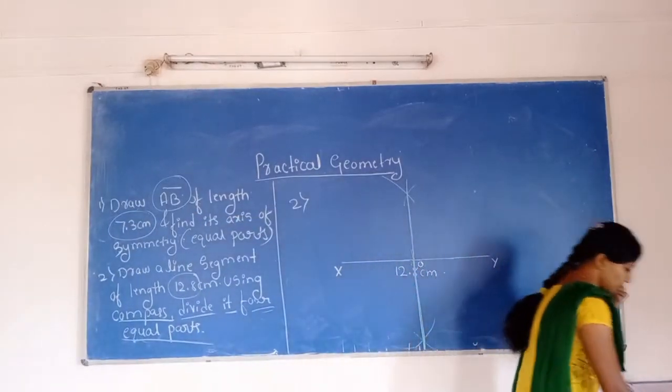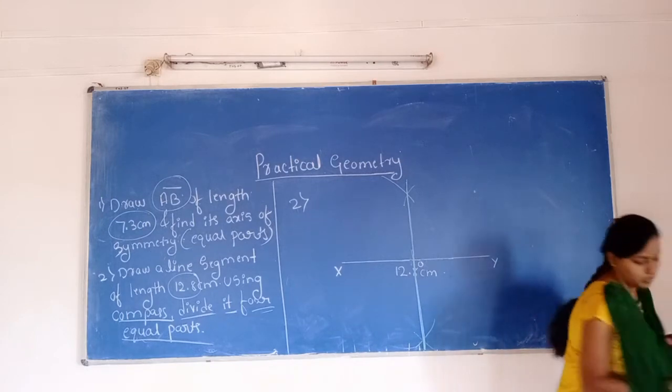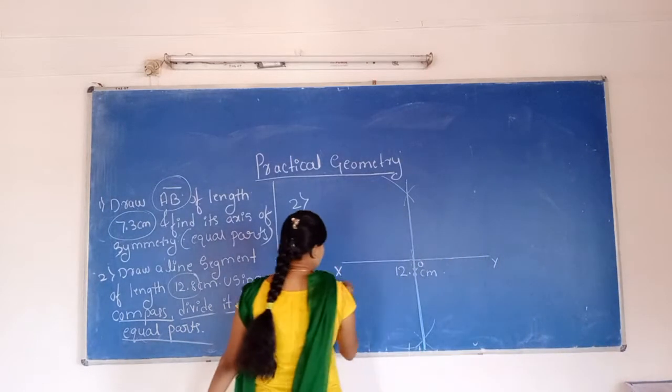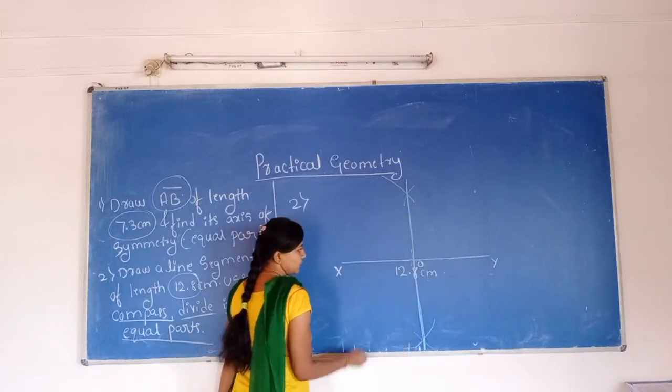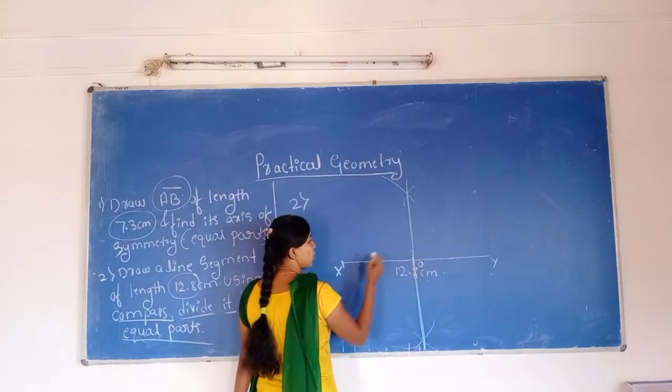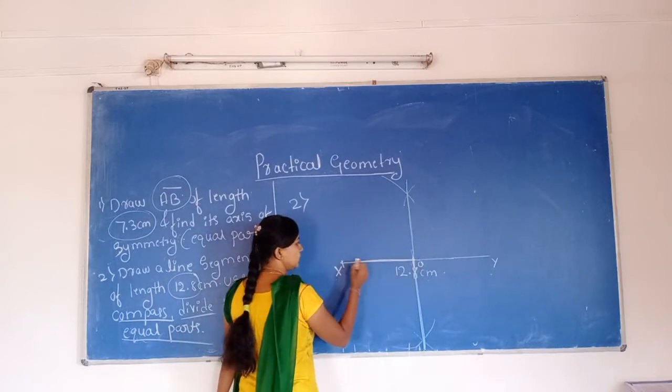Here first we took XY as 12.8 cm, and we halved it. Next we have to halve these halves. So you have to mark a center point.